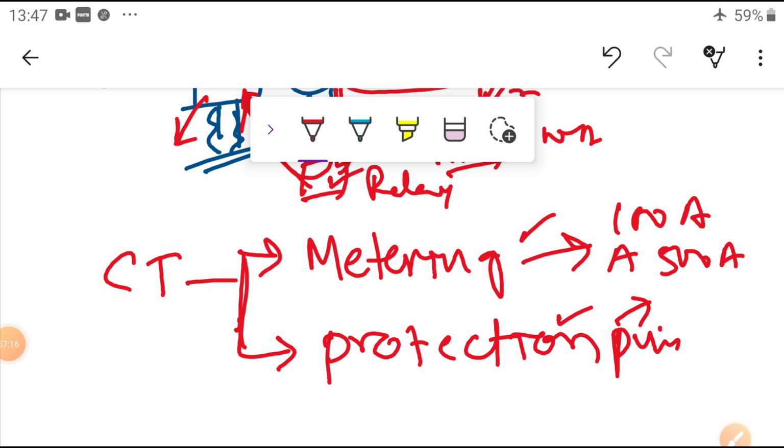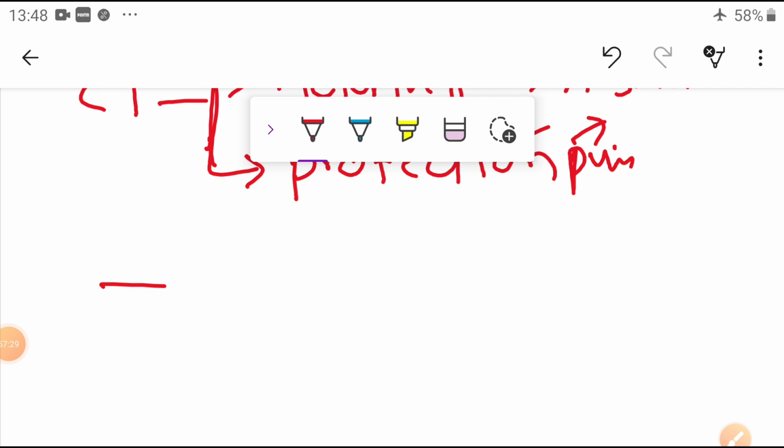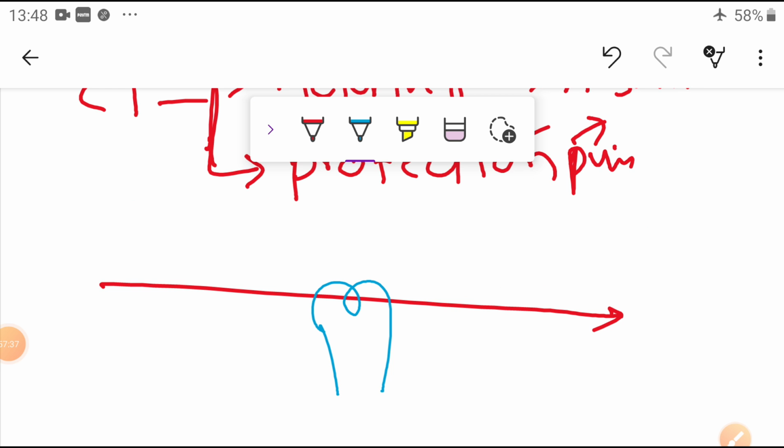Okay, what is the CT, and how is it connected? The current transformer also consists of two windings, namely primary and secondary. This is the line which acts as the primary, and this is the line which acts as the secondary.